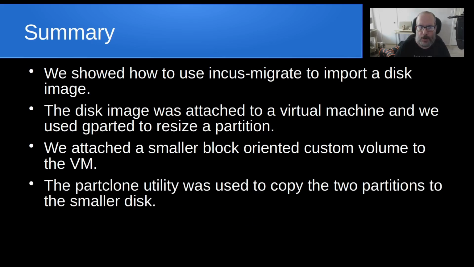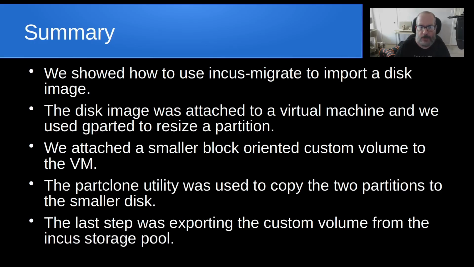And then the Partclone utility was used to copy the two partitions from the original custom volume over to the smaller disk. And then finally, the last step was exporting the custom volume from the Incus storage pool back outside of the Incus storage pool to the Incus server, where we could use it for other purposes, like perhaps writing it to a bootable USB.